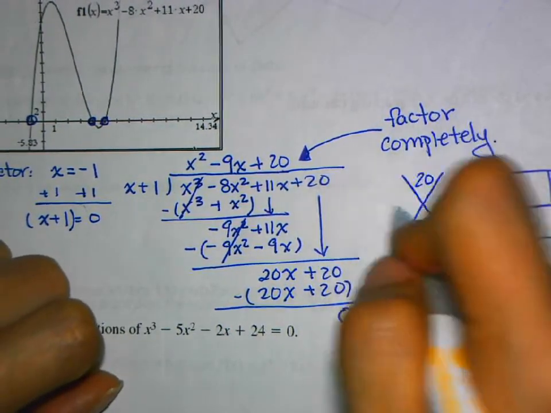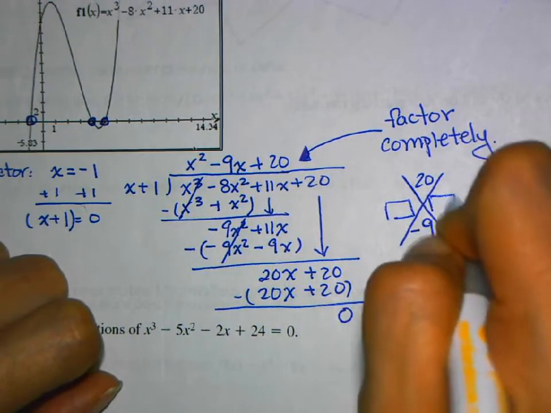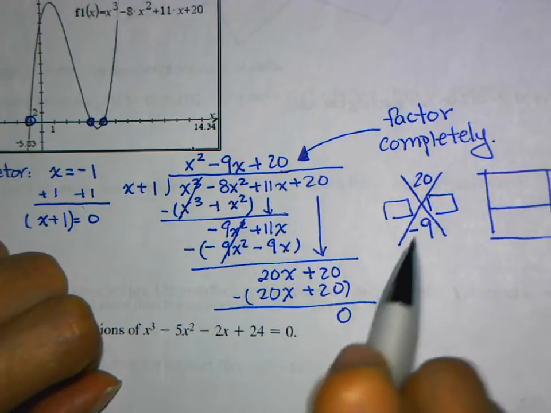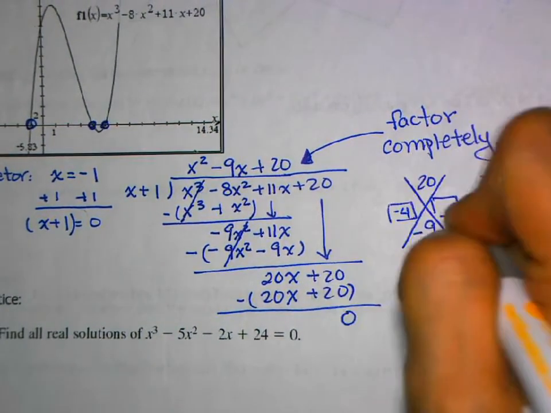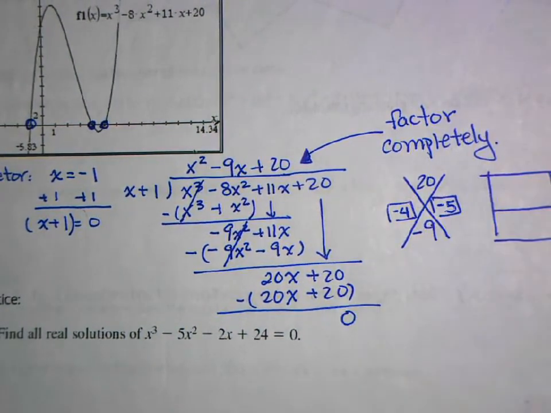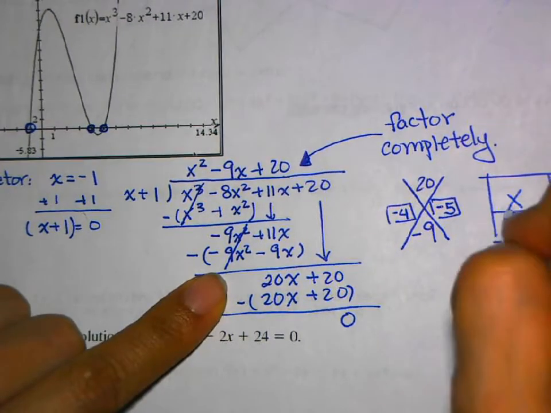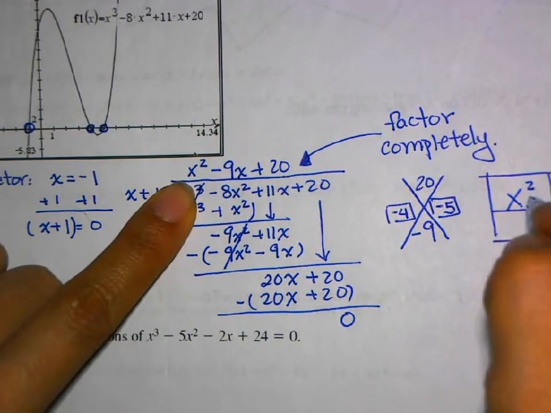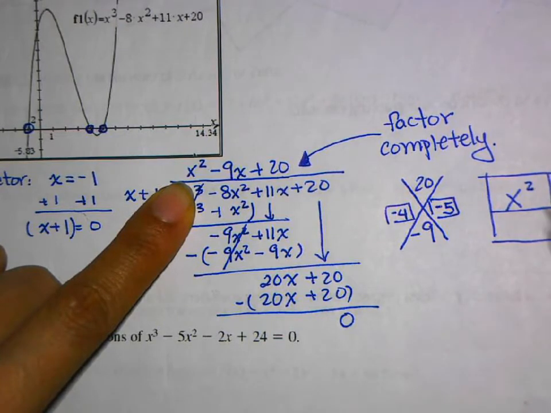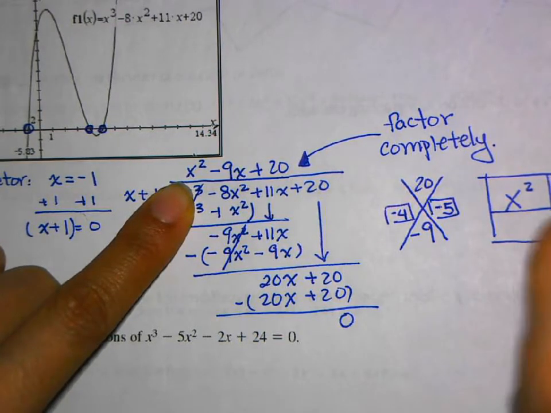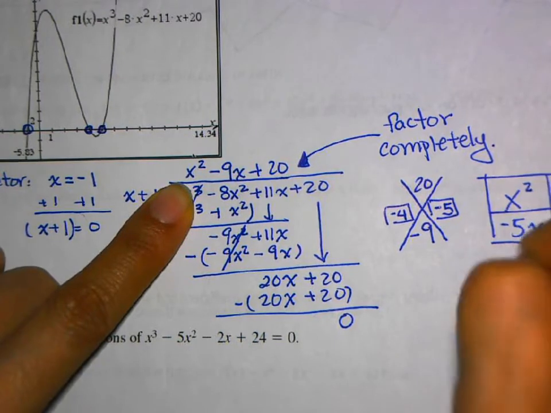So I need to find 2 numbers that multiply to get 20 and add to get -9. That would be -4 and -5. In the box, x squared goes in the first box, 20 goes in the last box, -4x, -5x.